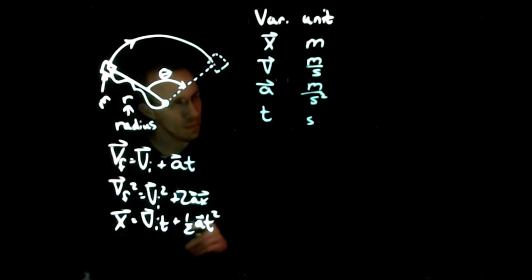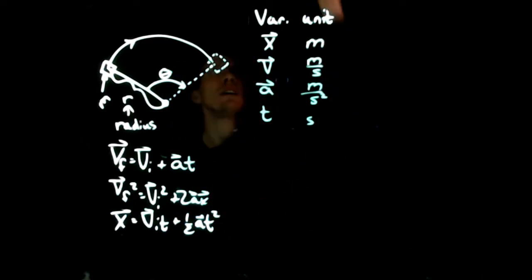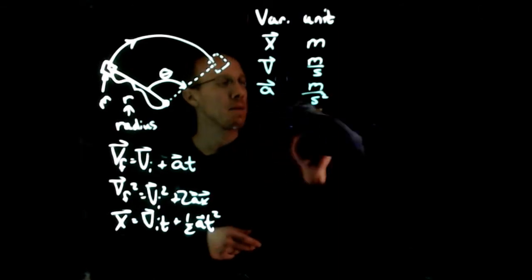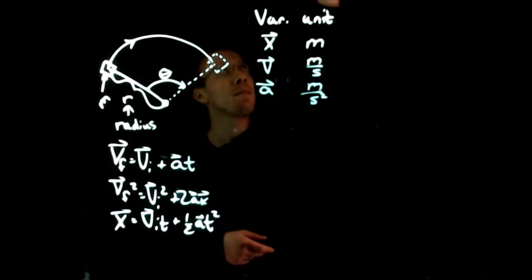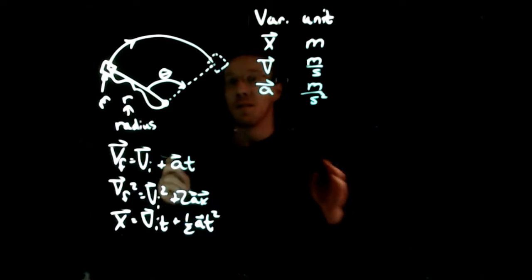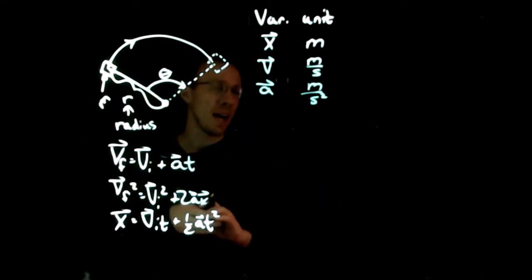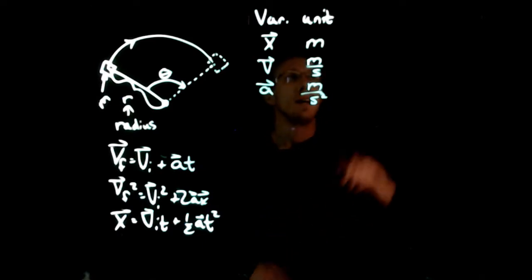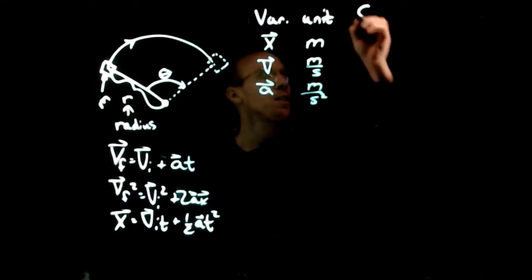Now I'm going to tell you right now that time does not change. We don't need to mess around with time at all. There's no other way that we're going to measure the length of the interval. It's just going to be in seconds or hours or something, most likely seconds.